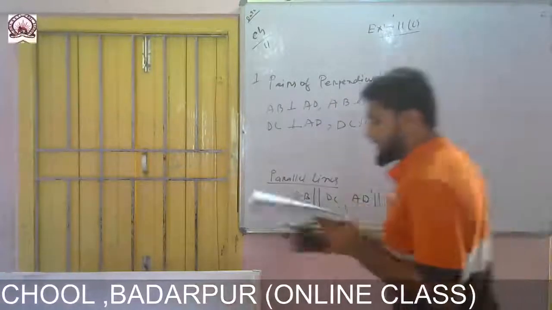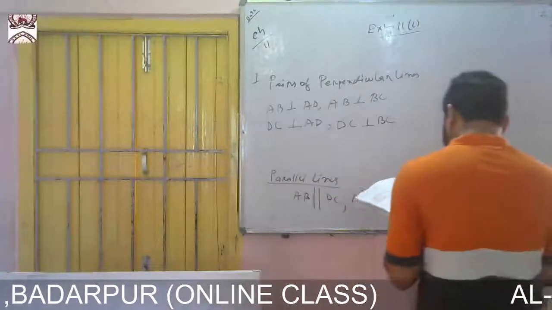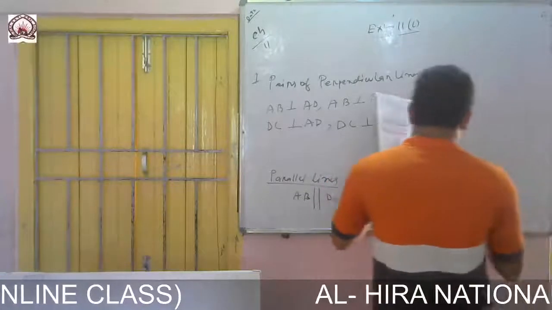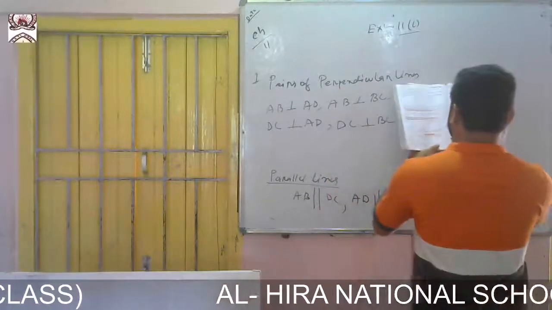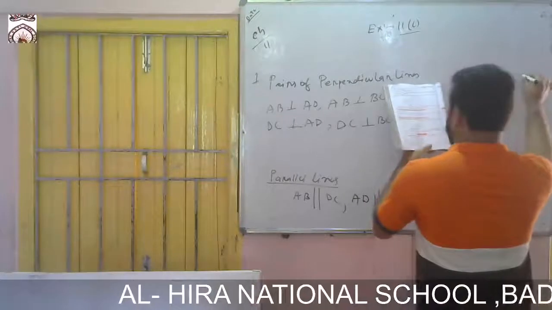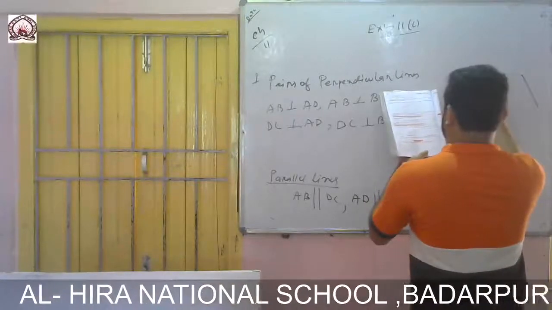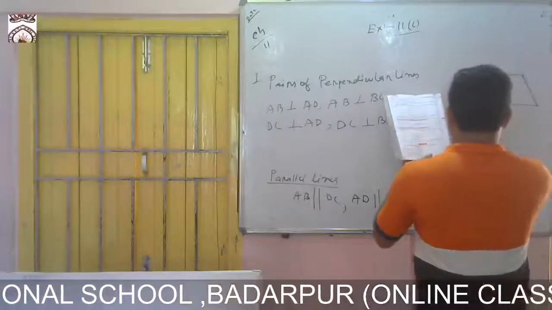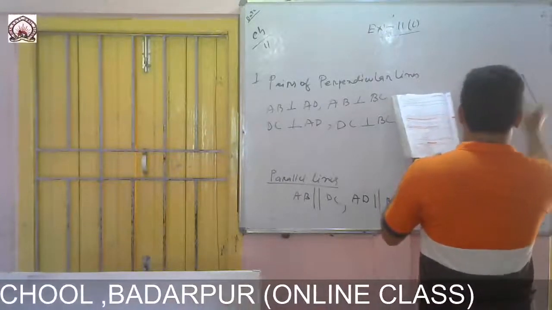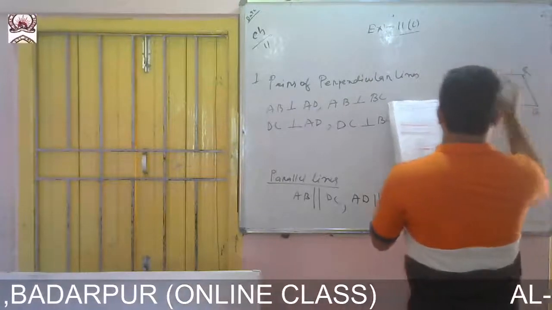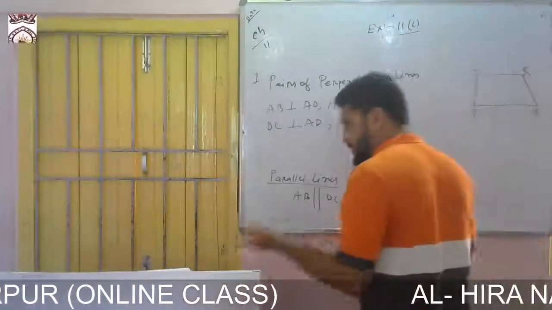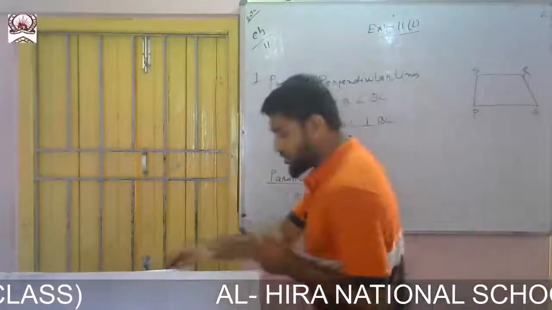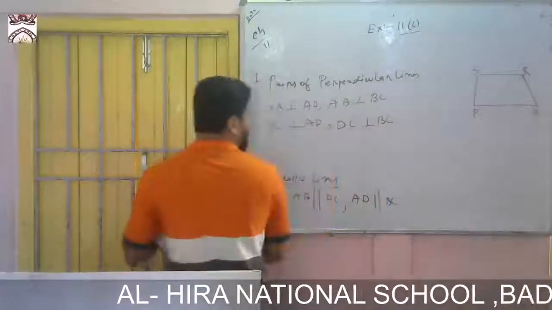Now come to question number 2. The diagram is like this. P, Q, R, S. So what are the perpendicular lines?